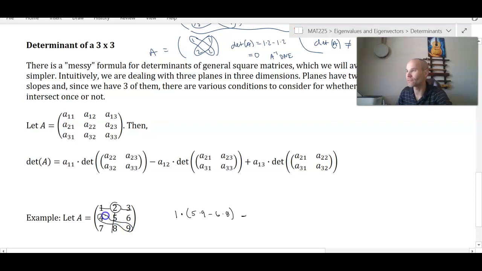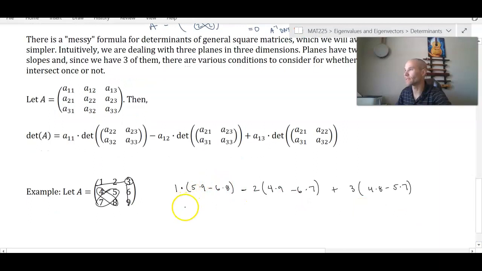So this is minus 2 times the quantity 4 times 9 minus 6 times 7. Plus, now we're moving to the final column, so we move to the element 3. Cross out the row, cross out the column. It'll be 3 times the determinant of 4, 5, 7, 8. So 4 times 8 minus 5 times 7.